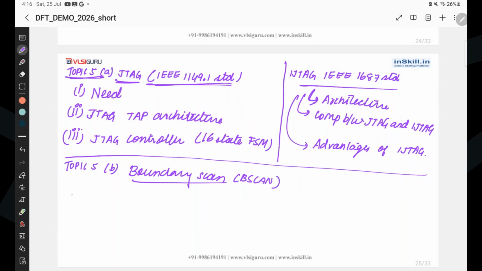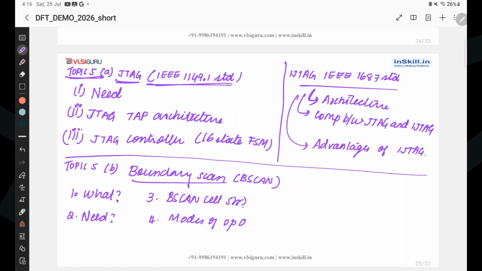So we will understand what is boundary scan, what is the need of boundary scan, what is the structure of boundary scan cell, and what are the modes of operation of boundary scan cell. And then what are X-test, sample preload and bypass instructions. So all these things we will understand.